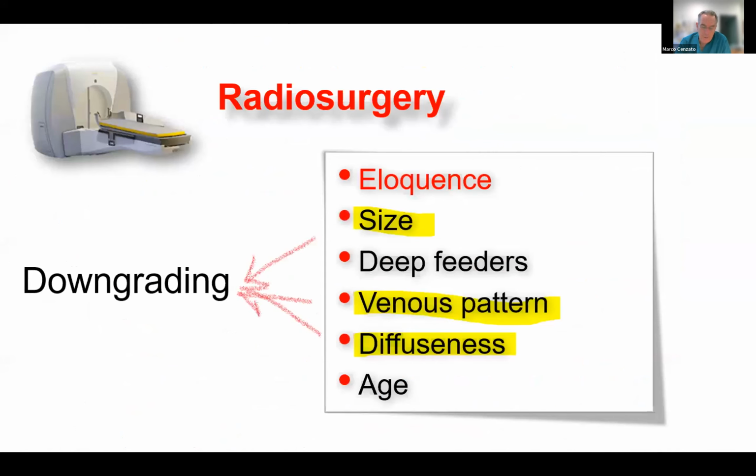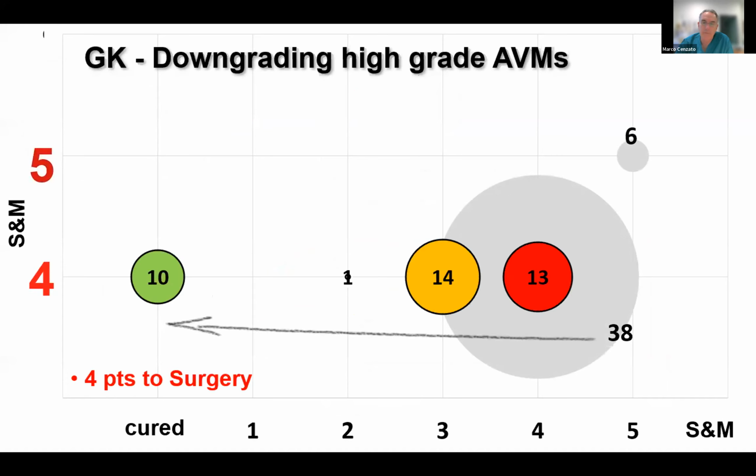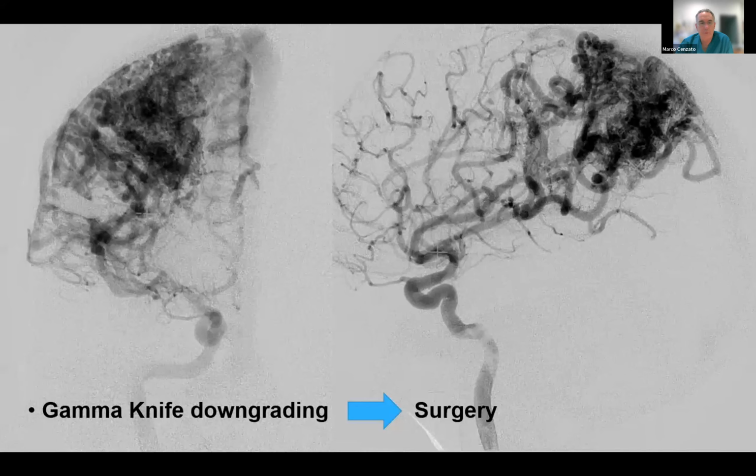Also here, there is an important topic that I think will be interesting in the future, and we still have few data about that. Radiosurgery can be very useful also for downgrading. We did several of them like this.